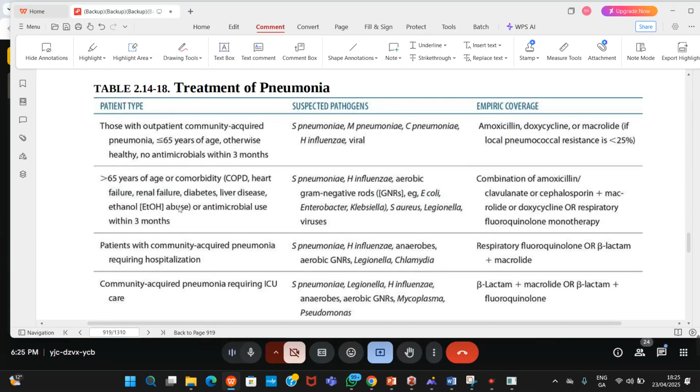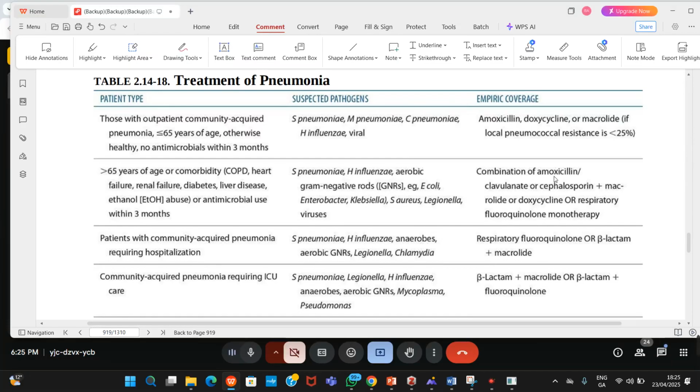But if the person is more than 65 years, or has any comorbidity, diabetes, liver disease, renal failure, any of those, just give your amoxiclav, or a cephalosporin with a macrolide, maybe ceftriaxone and azithromycin.